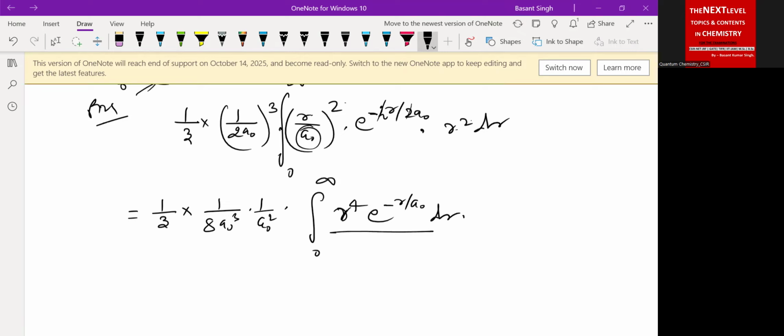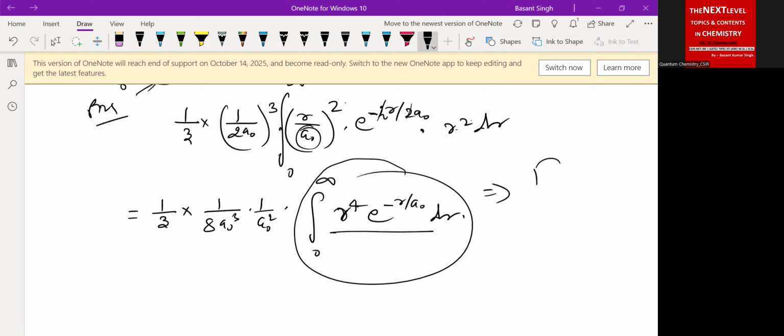This is the integrand. So the integration of this is gamma of 4 plus 1, that is 5, divided by the constant, that is 1 by a naught here, to the power 5. This becomes factorial 4 into a naught to the power 5.